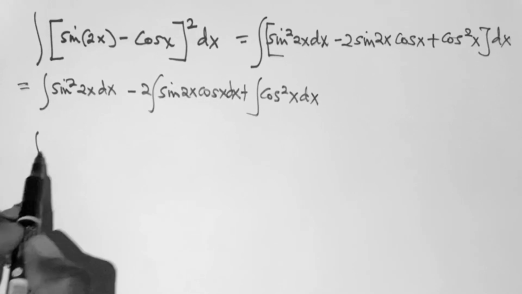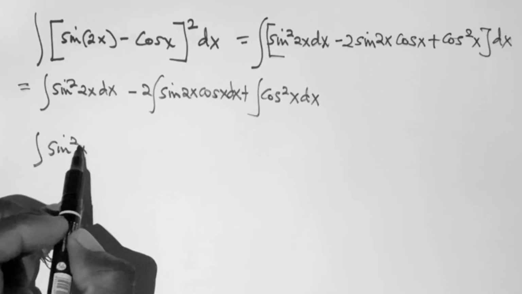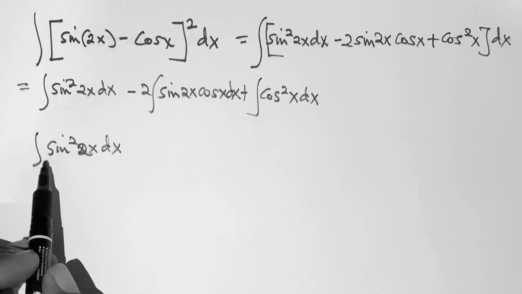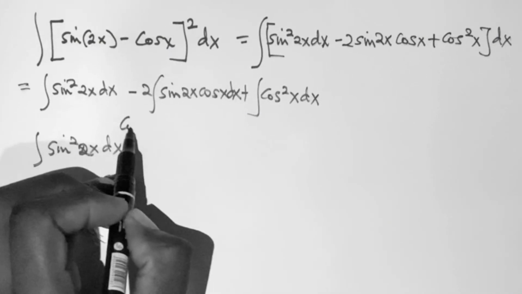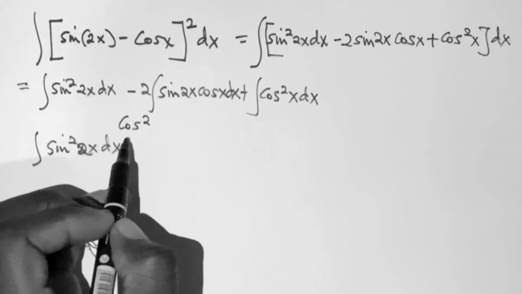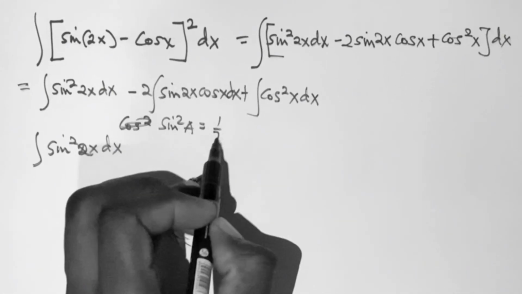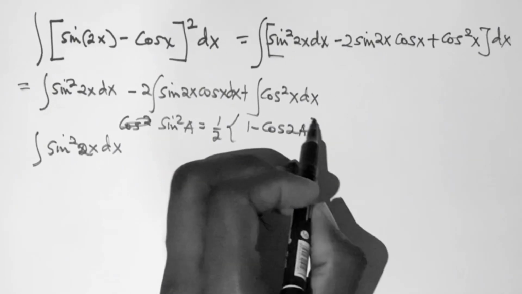What is the integral of sine squared 2x dx? The way to go about this is to use the identity sine squared a is equal to half of 1 minus cos 2a.